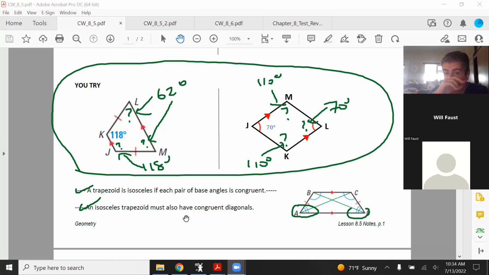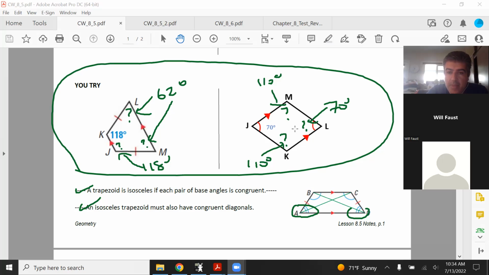Right, because opposite angles will be the same. Actually, I guess that's a parallelogram, the right diagram, because you have the opposite angles the same, and you have parallel sides.